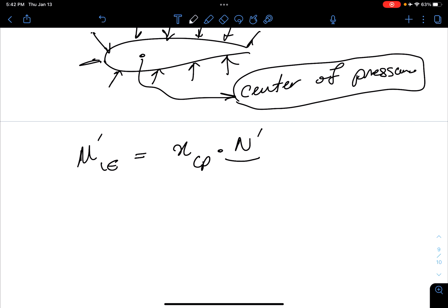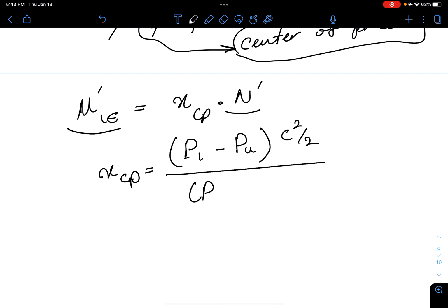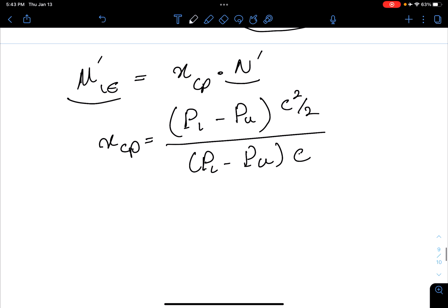So we have already calculated this n prime. We have already calculated this m prime. And if you plug it in, the distance of the center of pressure from the leading edge is going to be equal to PL minus PU multiplied by C squared over 2 divided by PL minus PU multiplied by C. Which means, so what does it simplify to?